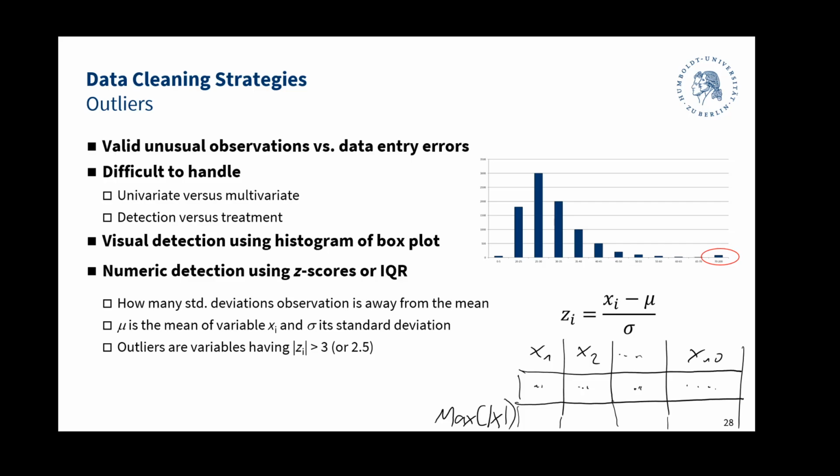Then the maximum standardized value of x1 that we find here, we can compare to our threshold. So we can ask, is that greater than 3? And for x2, is it greater than 3? And so on. This way, we can immediately identify those variables, x1 or x2, that appear to be affected by outliers.